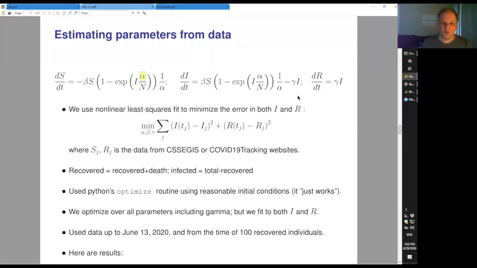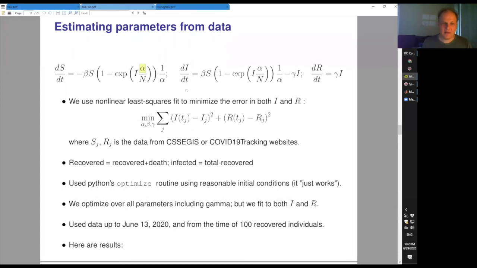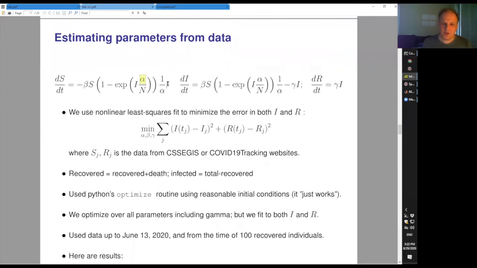But here's the model. What I want to do is solve this ODE, but adjust the parameters beta and alpha so it fits the actual real world data. The way I'm going to do this is a nonlinear least squares fit.